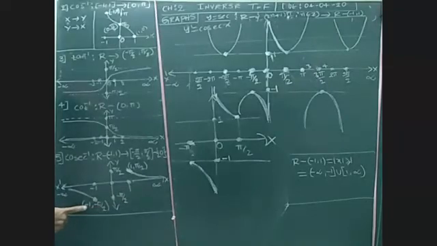Cosecant -90 is -1. For cosecant 0, in the third quadrant it is negative, so it will move to minus infinity. In the first quadrant it is positive, moving to plus infinity. So this is the graph of cosecant inverse.